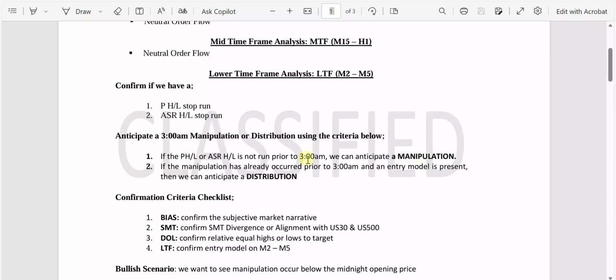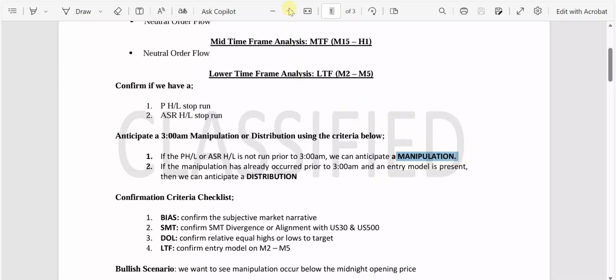Usually before the London Open, before 3 a.m., if we do not see a stop run, then we can anticipate a manipulation right at the 3 a.m. London Open. As we can see here, if the previous high or low or the Asian session range high or low is not run before 3 a.m., meaning there's no stop run before the London Open, then we can anticipate a manipulation.